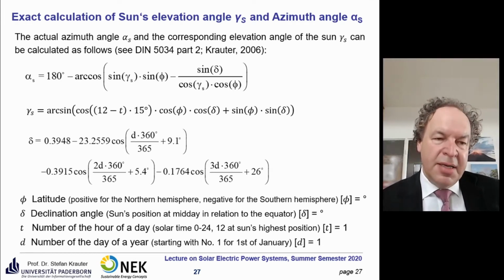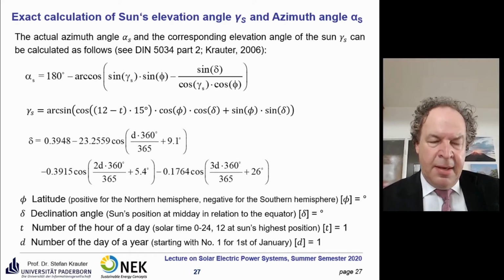So in the first part here you see alpha as the azimuth angle, and this depends on the latitude and on the declination angle. So that's the sun's position at midday, and this is the kind of formula that is all there, so we can use it if there are some applications.